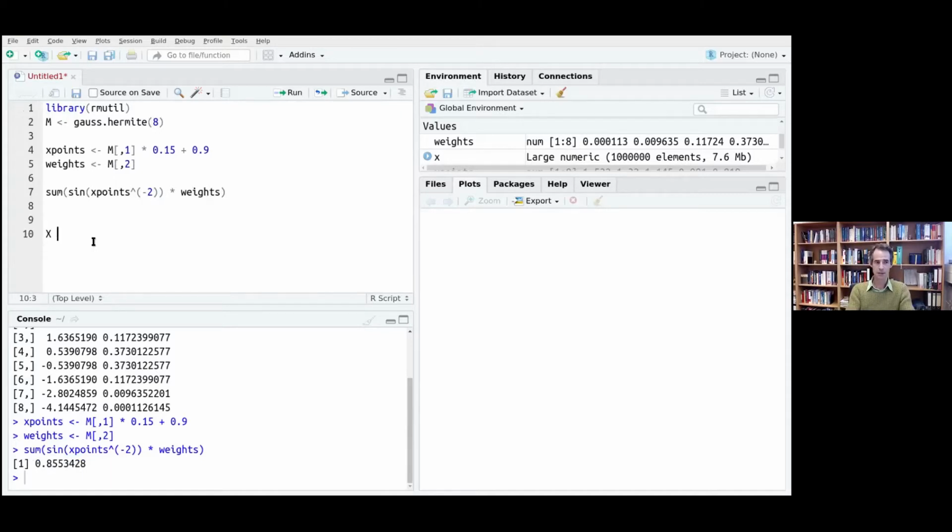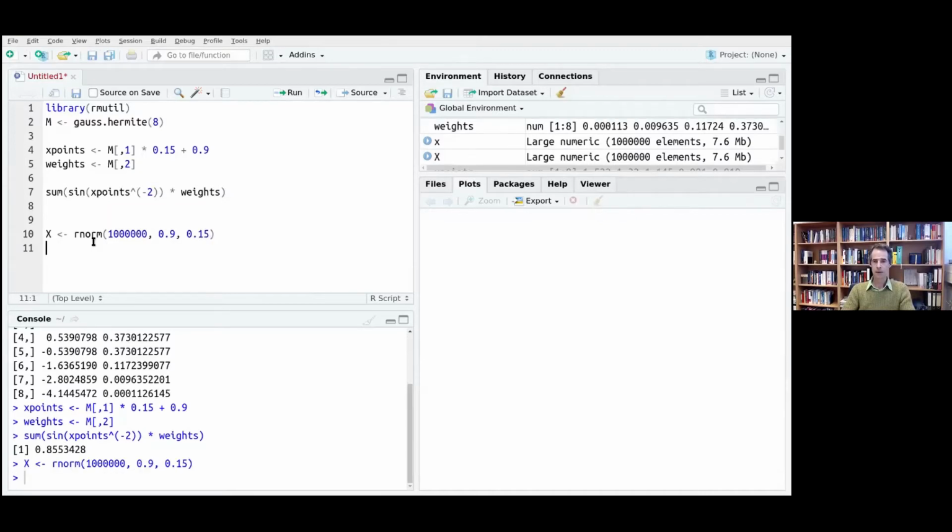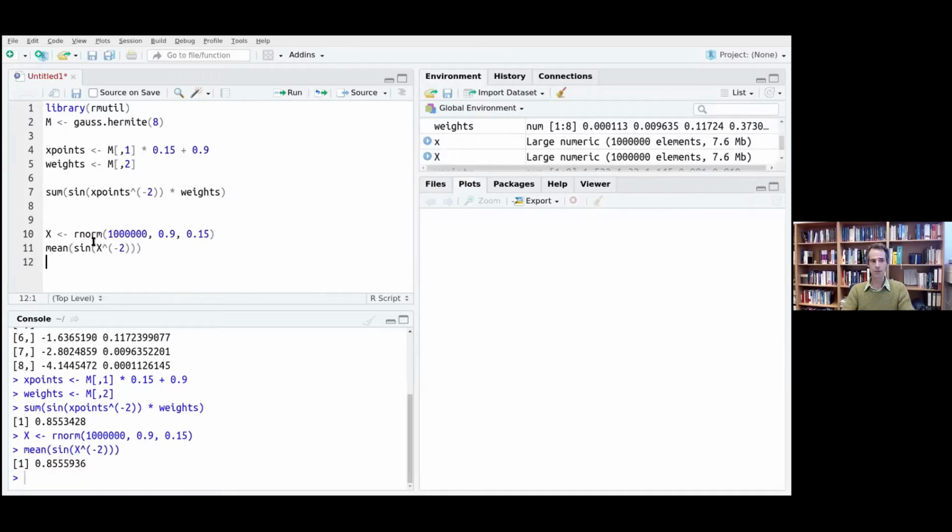Let's suppose that we draw, say, 1 million points from a normal distribution with this mean and the standard deviation. Then we can also approximate the expectation by computing the mean of x to the -2.